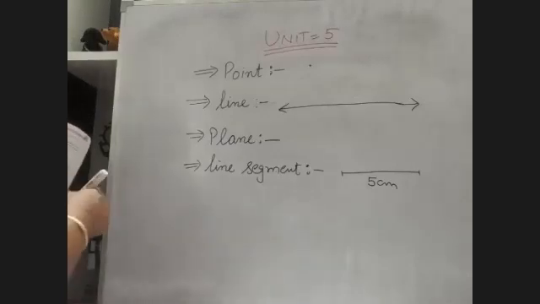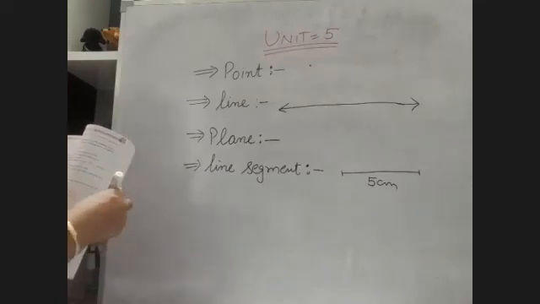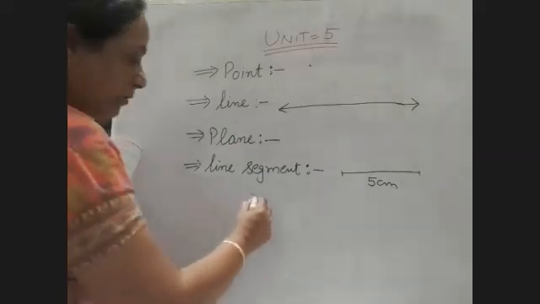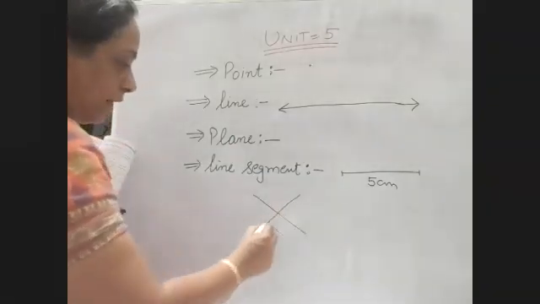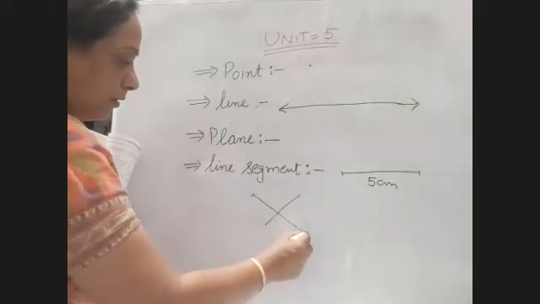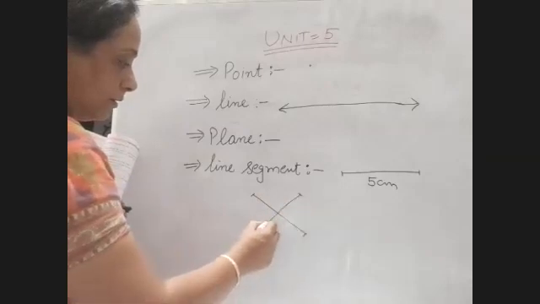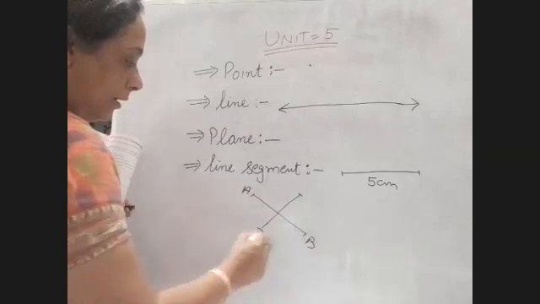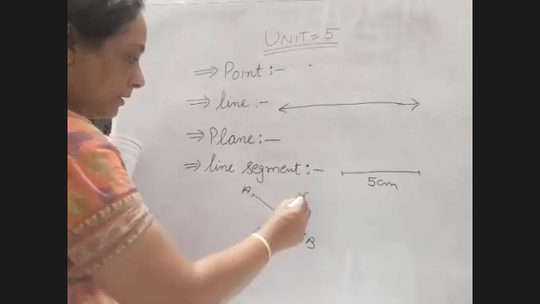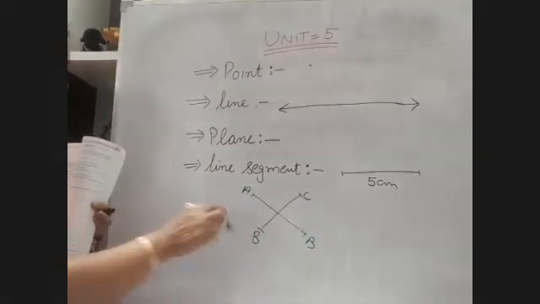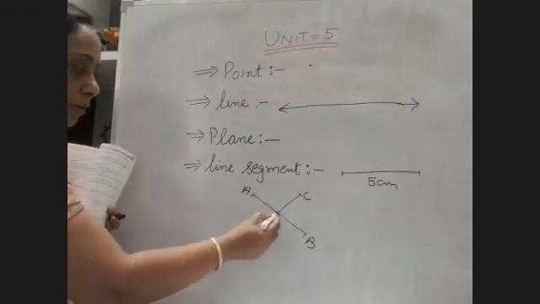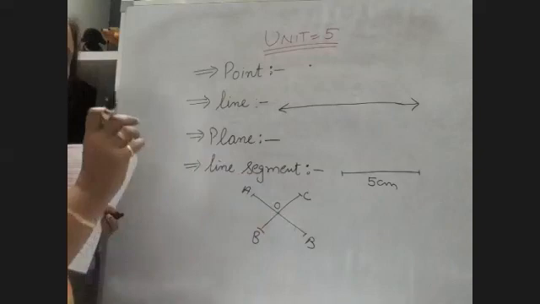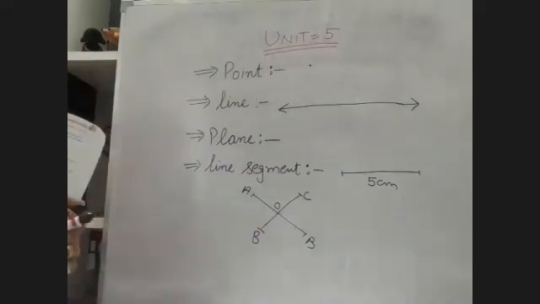Yes, friends. Again, if two lines meet at a point, for example, these are two line segments, AB and BC. Intersecting means they are touching each other at point O. So this point is known as the intersecting point.